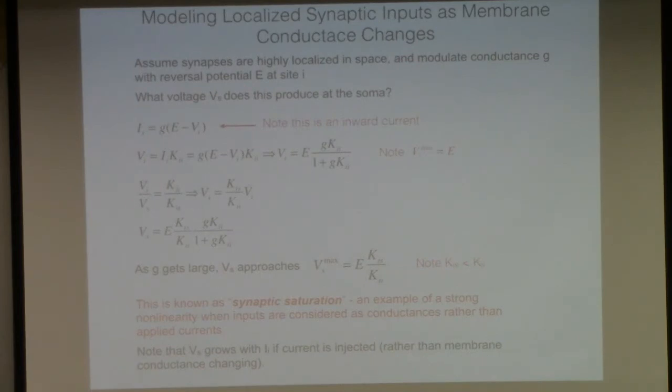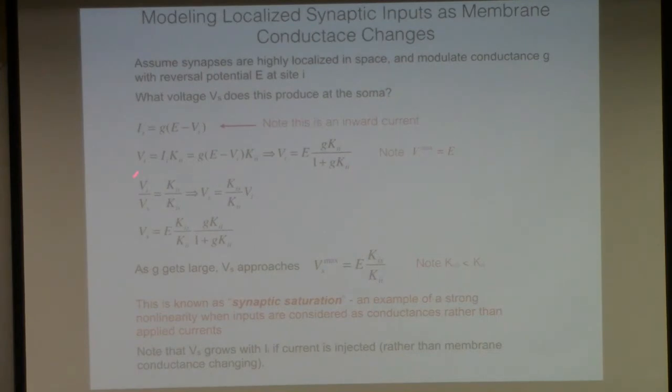Okay, so let's continue with our analysis here. We've got an expression for the voltage at the applied conductance change. The voltage produced by that change at the soma is given by the current that is injected at the site where the synaptic conductance change is located times the transfer resistance K_IS, because that transfer resistance relates current applied at location I to voltage produced at location S. Here S is indicating the soma of our model neuron.